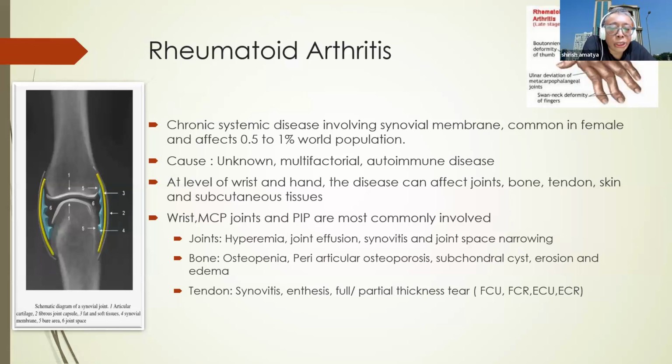There can also be erosion and edema in the X-ray picture. Similarly, in the tendon, there can be tenosynovitis, enthesitis. There can also be full or partial thickness tear, especially involving the flexor carpi ulnaris and flexor carpi radialis, as well as extensor carpi radialis and ulnaris. So these four tendons are most commonly affected in the hand.